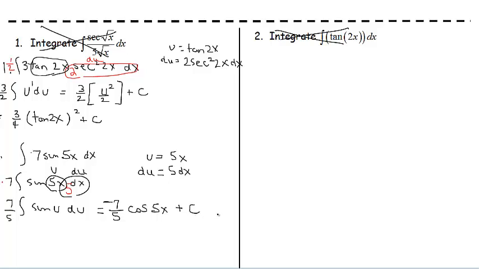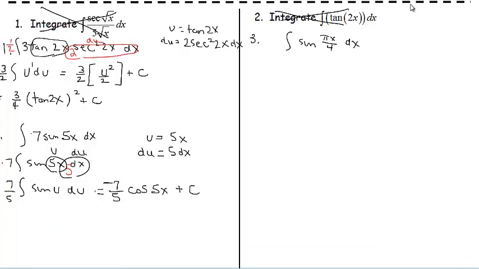Again, you can check your work by differentiating to see if the derivative of this function right here using the chain rule produces this integrand right here. Example 3, I'm going to put it up here. Let's integrate sine of pi x divided by 4.